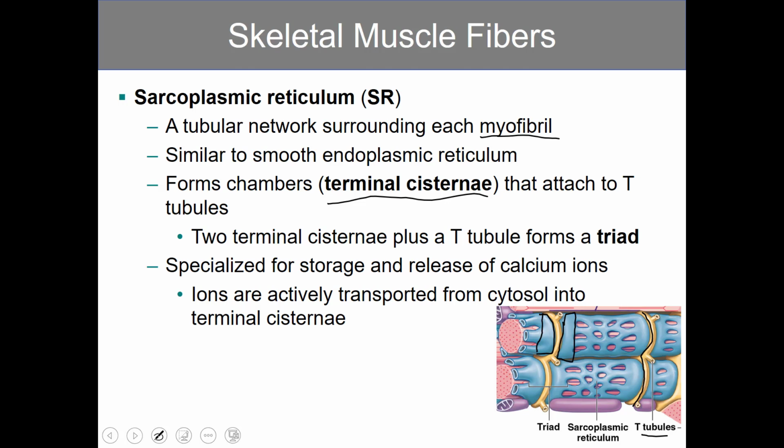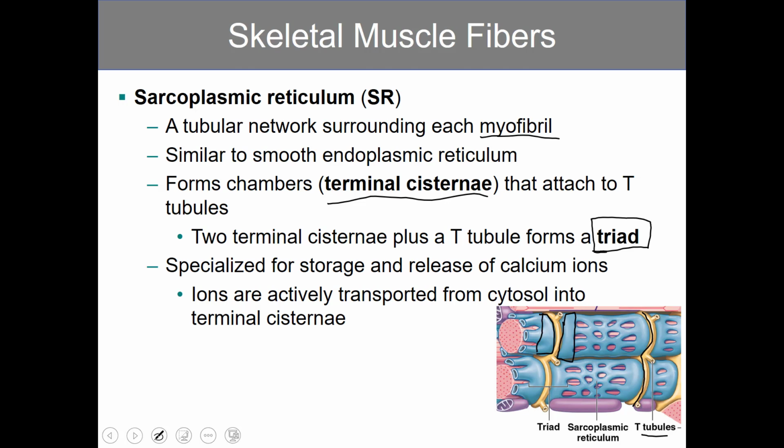When you take one transverse tubule and two terminal cisternae of the sarcoplasmic reticulum, you get a structure referred to as a triad. And the triad is specialized for storing and releasing calcium ions.